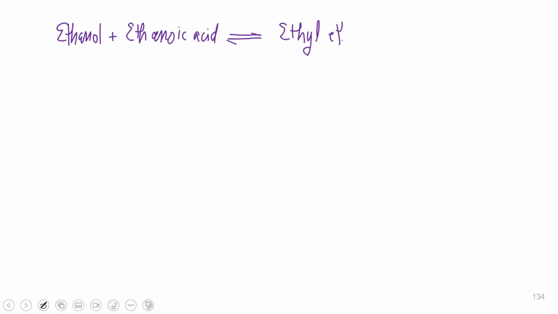So let's write down the word equation together: ethanol plus ethanoic acid, reversible reaction, ethyl ethanoate plus water.